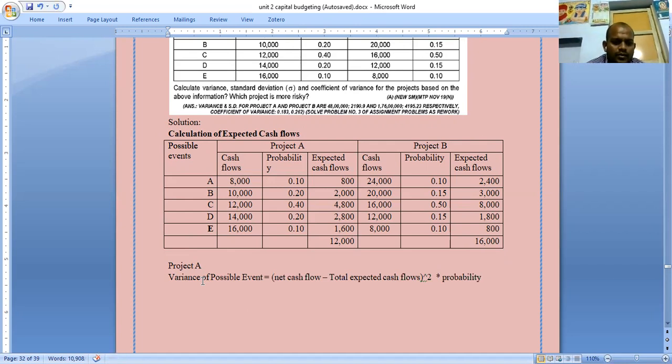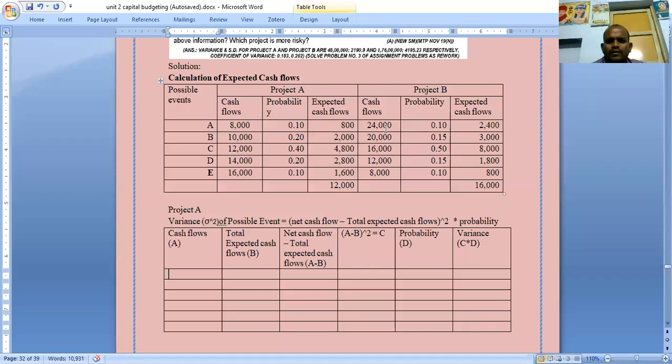So variance is nothing but sigma square. In this given table, I just represented this formula.